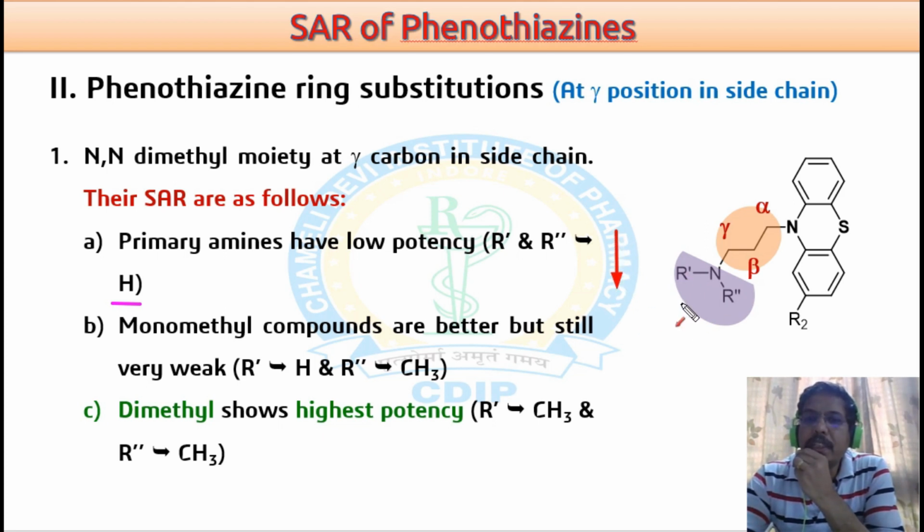Similarly, out of these two R groups, R' and R'', if one is changed with a methyl moiety, then it still shows poor or weak activity towards the antipsychotic actions. But if both R' and R'' are changed with methyl moieties, then it is predominantly so, and the potency is high enough.